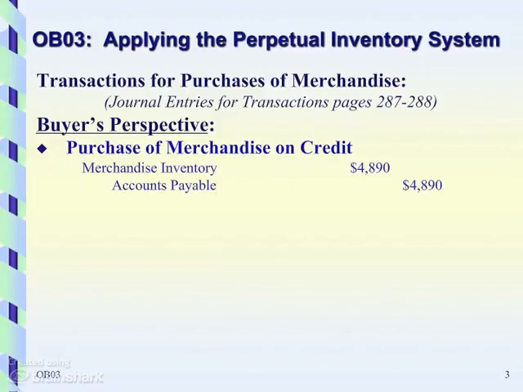If a buyer is purchasing merchandise on credit, in this transaction the buyer has purchased inventory for $4,890 on account. So they record a debit to the merchandise inventory asset account, and a credit to the accounts payable account, which is a liability account.